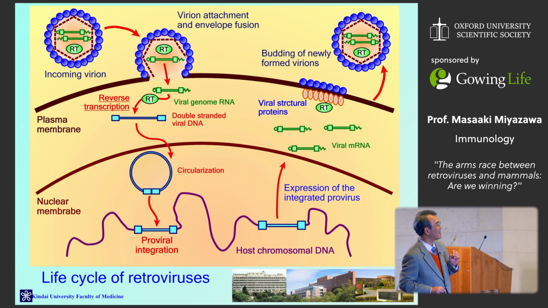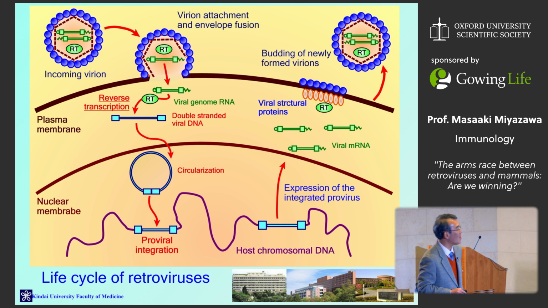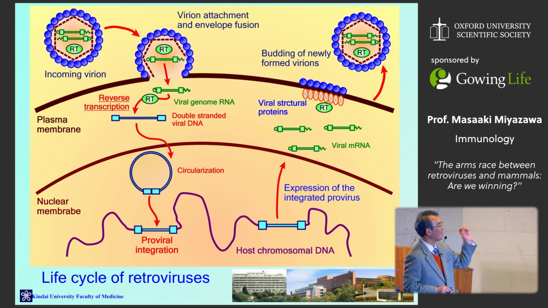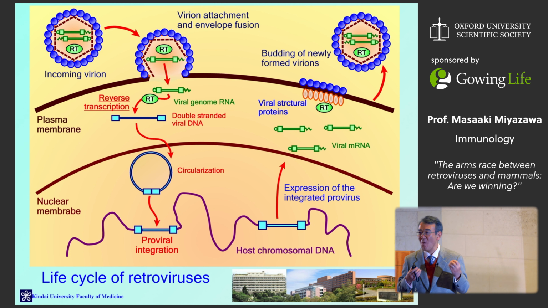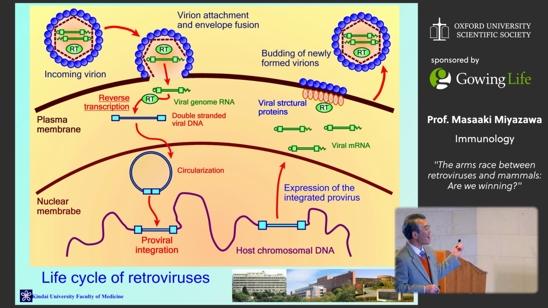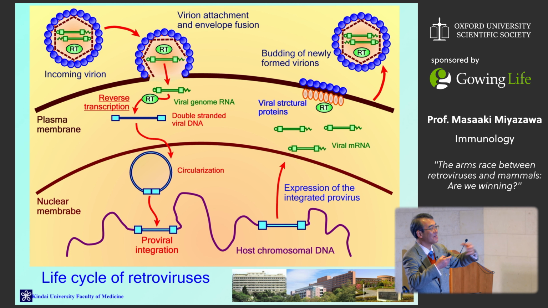So what integrase does is make a nick, a shortcut, in the infected cell's DNA and insert the viral DNA into the chromosome. Once the viral DNA is inserted into the host cell genome, retroviruses can replicate in two different ways. One is when infected cells divide, the infected cell replicates the host cell genome itself, including the integrated provirus.